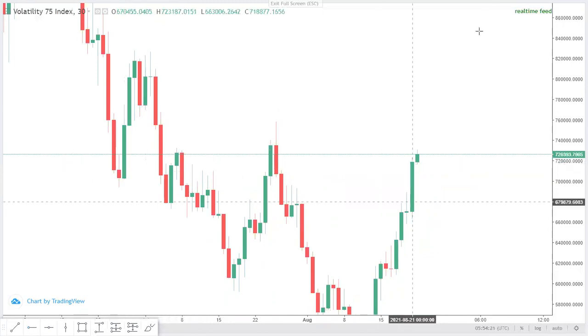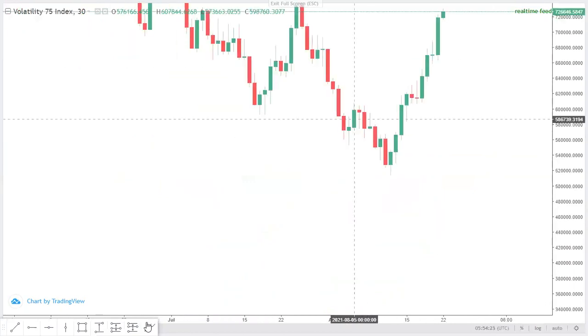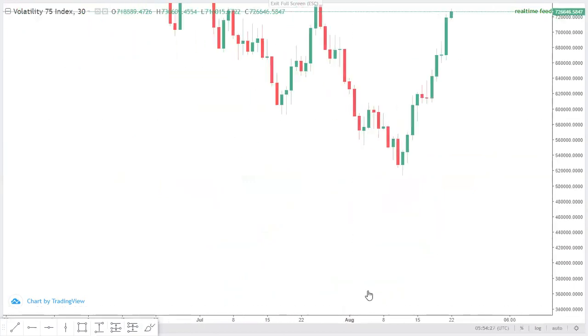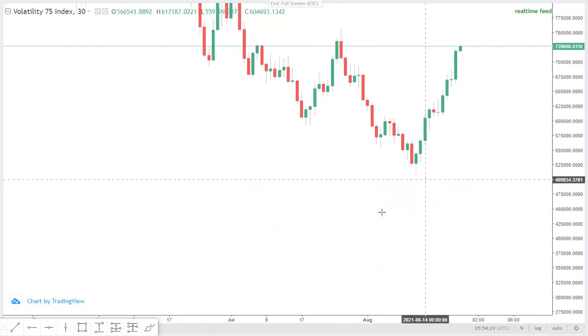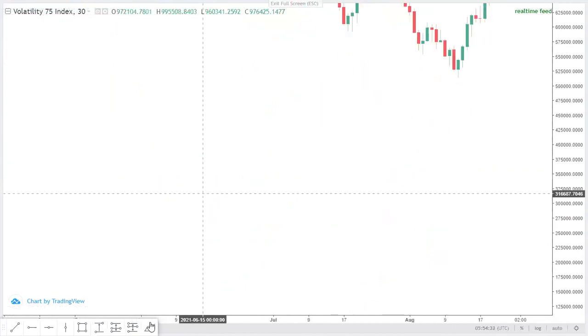Let's start. This is the strategy I use. It's pure price action, and I only take confirmations from the candlestick patterns I see.